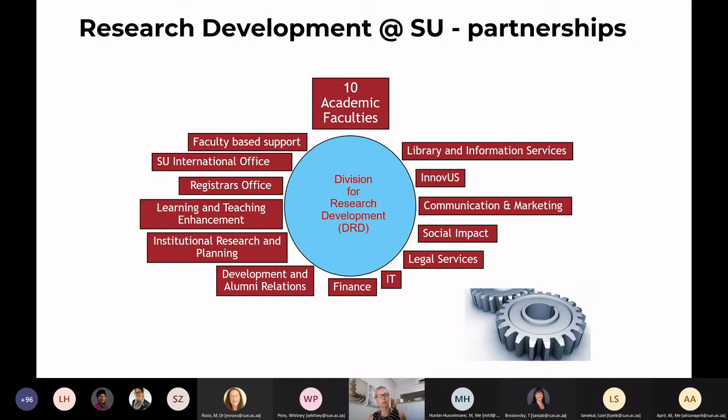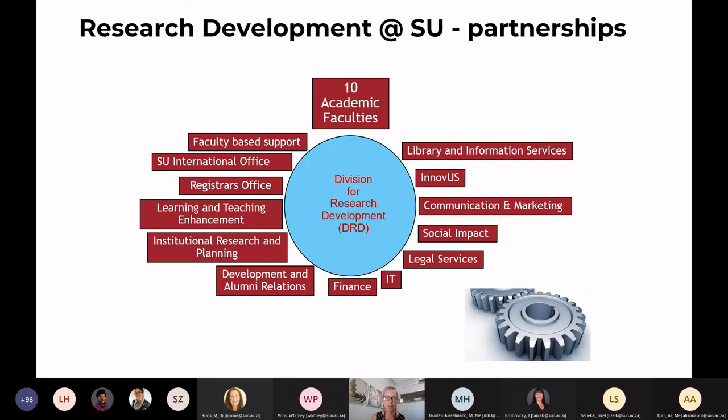At the same time, we are closely linked to a number of other support divisions or PAS divisions, professional and administrative support divisions. In the faculties, of course, you've got your own faculty-based support systems. The health sciences faculty is probably the most prominent one, where they also have an office specifically focusing on research, development and support. So we work very closely with them.